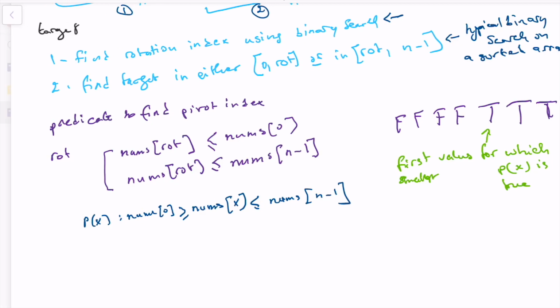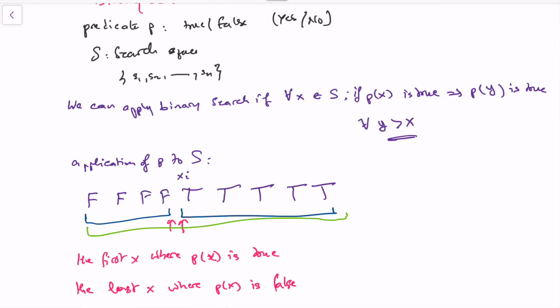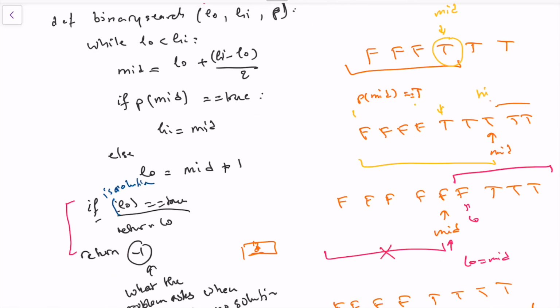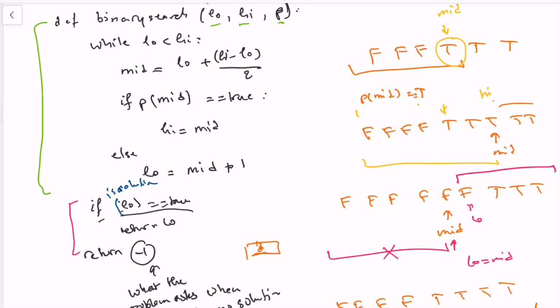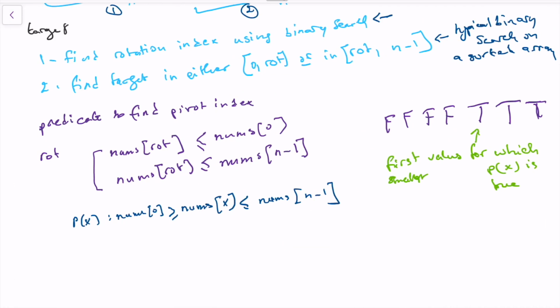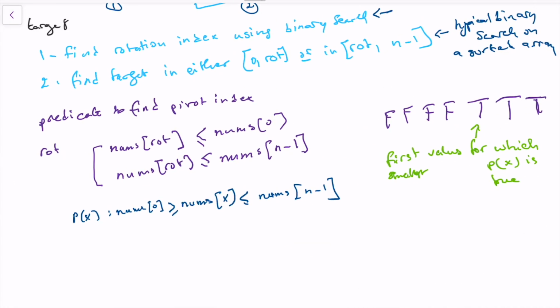And so now we can just go back to our template that we defined for binary search, where we just need the low value, high value, and the predicate. We already know the predicate, so now we just need to know low and high and apply our template. So what is the search space here?